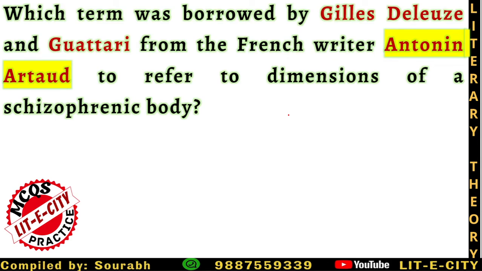Which term was borrowed by Gilles Deleuze and Guattari from French writer Antonin Artaud to refer to dimensions of a schizophrenic body? In fact, Deleuze himself in the beginning and later with Guattari worked on the concept of schizophrenia and drug addicts, and then he took this term to point out his concept.